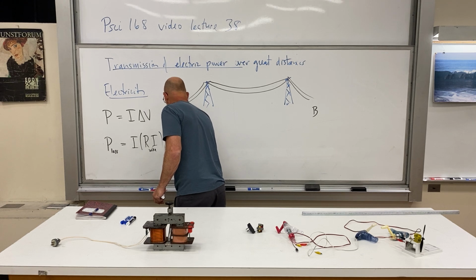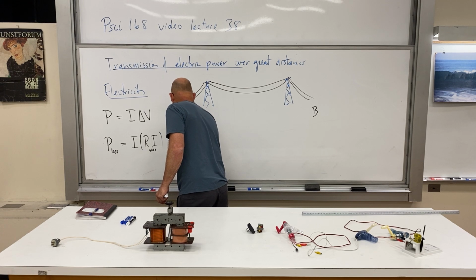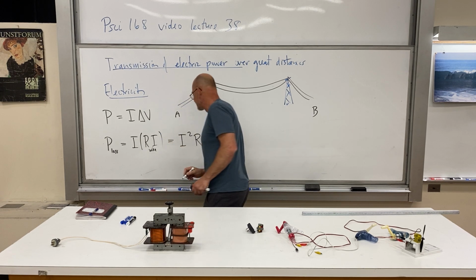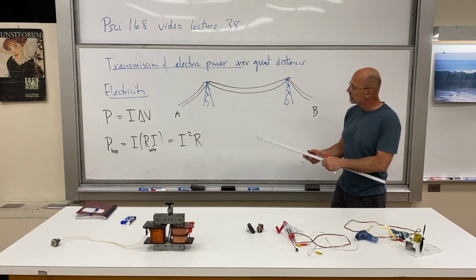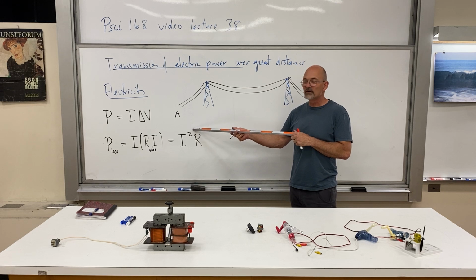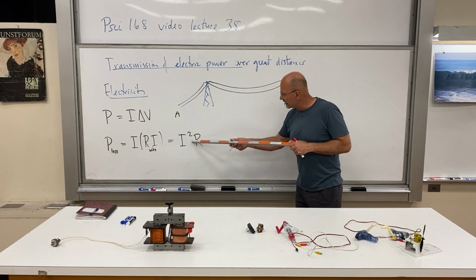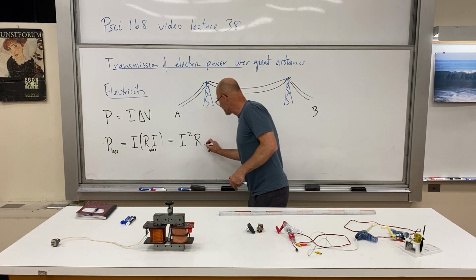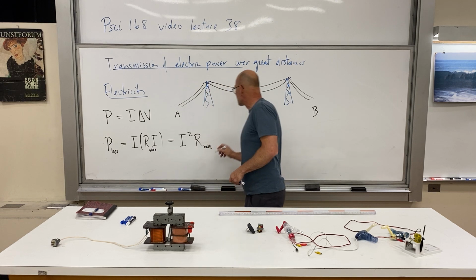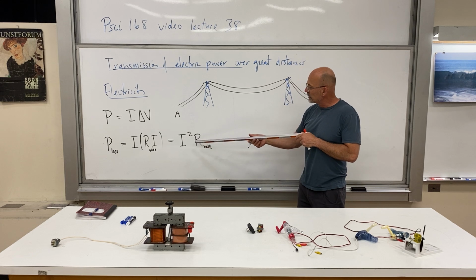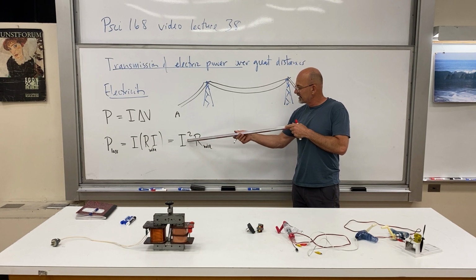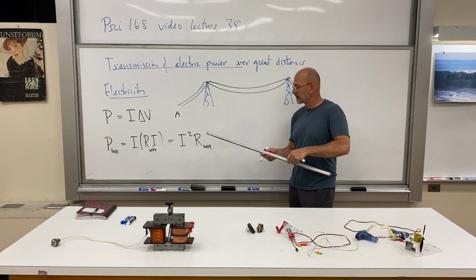So the loss is I squared R. Okay. Now, we want to reduce this quantity as much as possible, and if the resistance of the wire, when I say wire, I mean the transmission wire here. If the resistance is given, the only way we can reduce the loss is to reduce the current, okay?